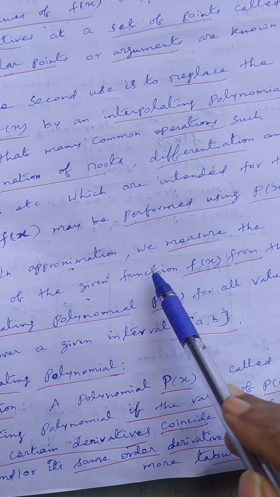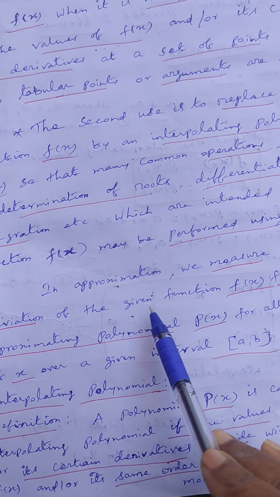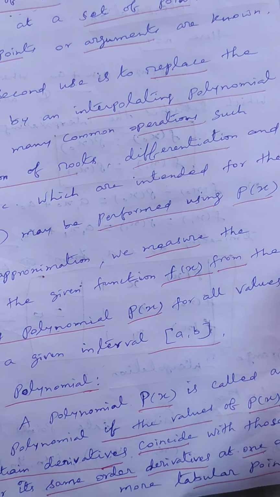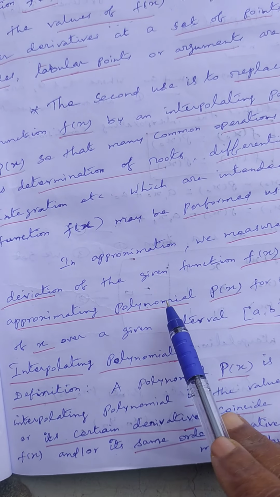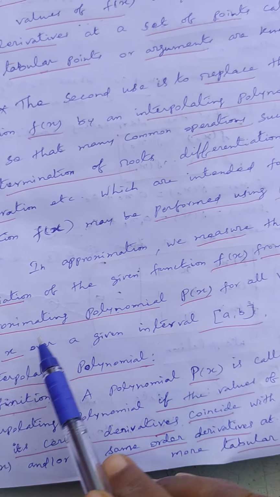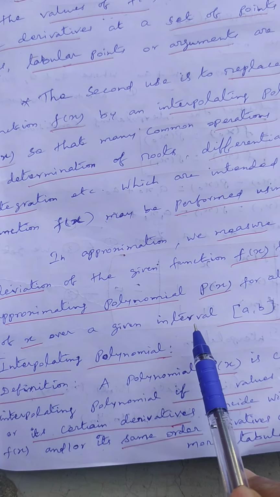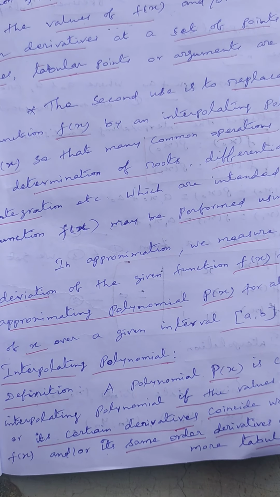In the approximation method, we measure the deviation of the given function f(x) from the approximating polynomial p(x) for all values of x over a given closed interval [a, b].